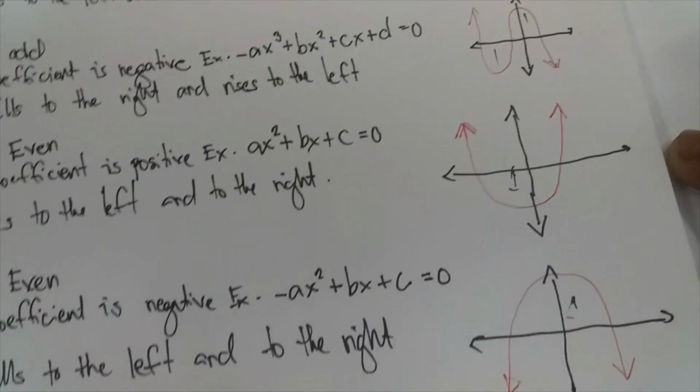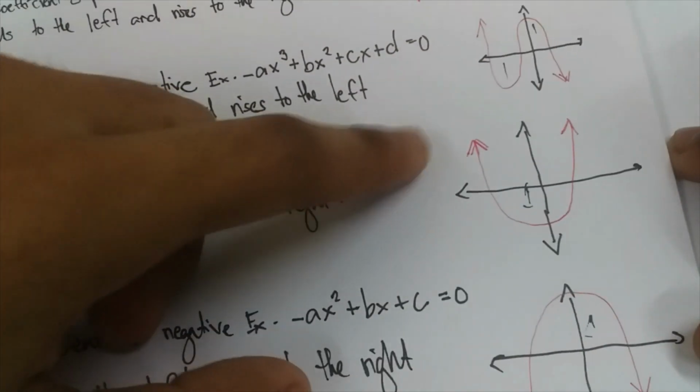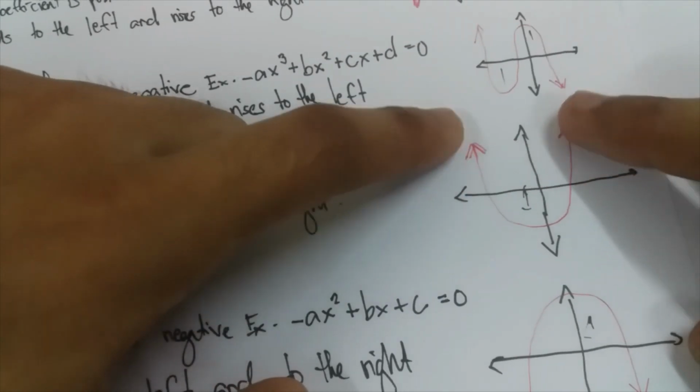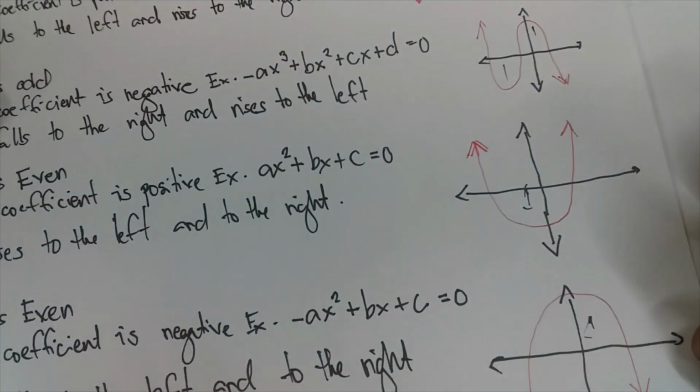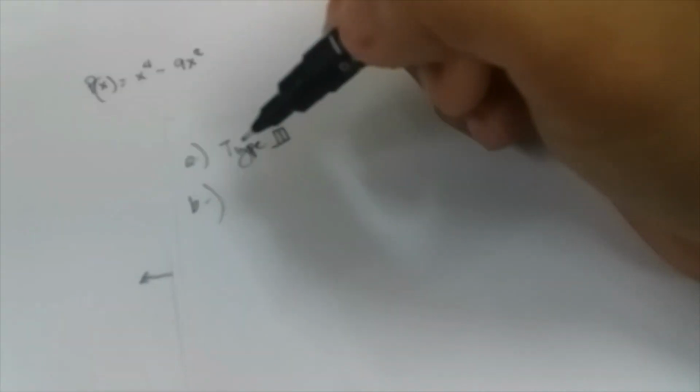So we can expect that the arrows are rising to the left and to the right. Okay, so next, this is type 3. For letter B, we'll find the x and y intercept. X-intercept.